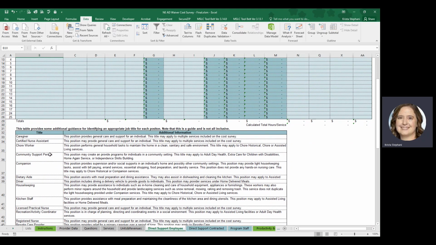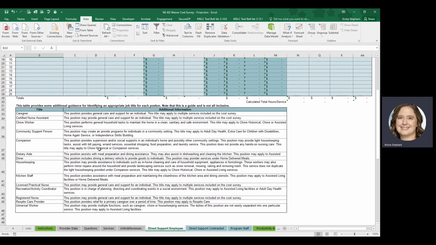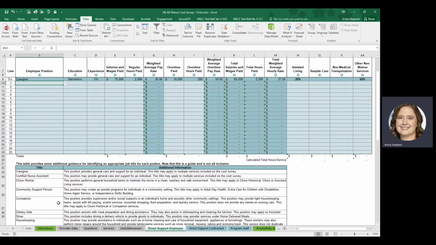If you would like more information on what we feel the role of that title is and what services they may support, just scroll down on the page and there's a table that provides you with some guidance.